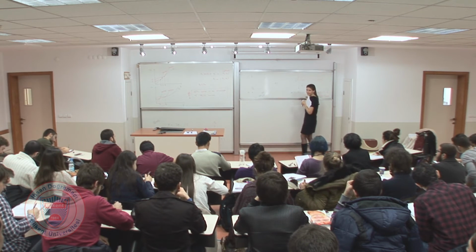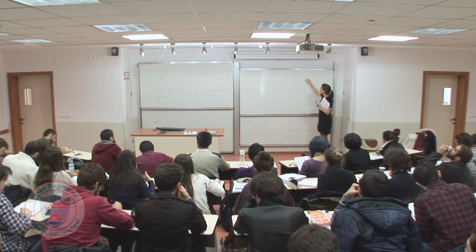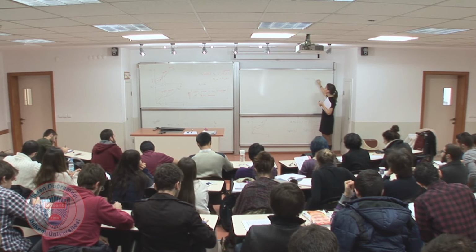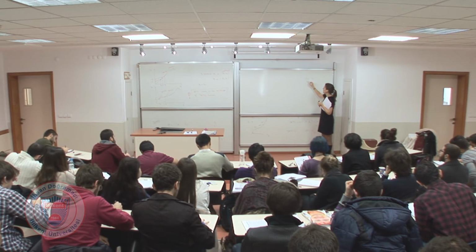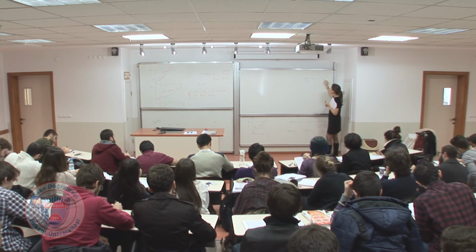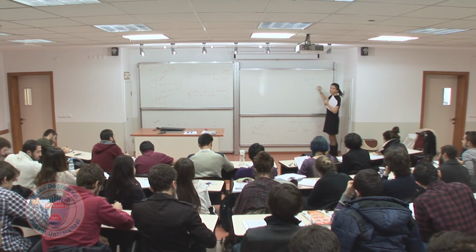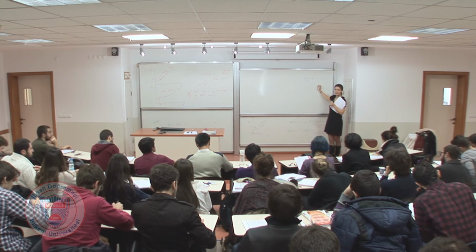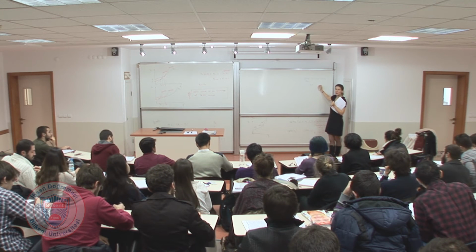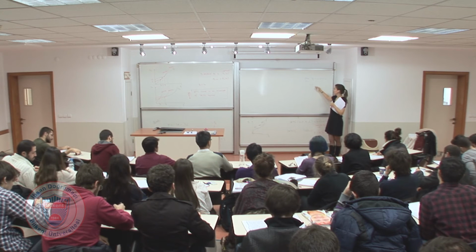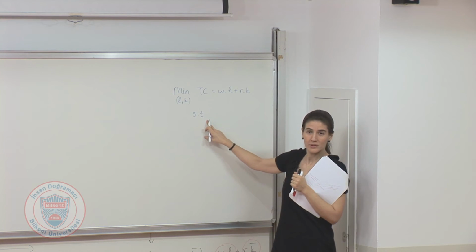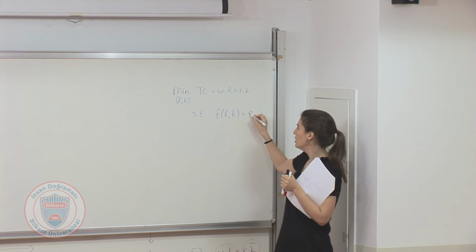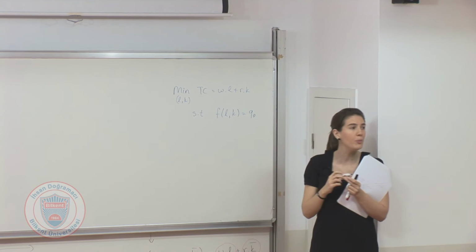The cost minimization problem: minimize total cost over L, K, wage times L plus R times K, subject to, what did we say? Suppose you want to produce Q bar or Q0 units. So you want to minimize your cost, but you want to produce some amount, basically Q0 or Q bar, okay?